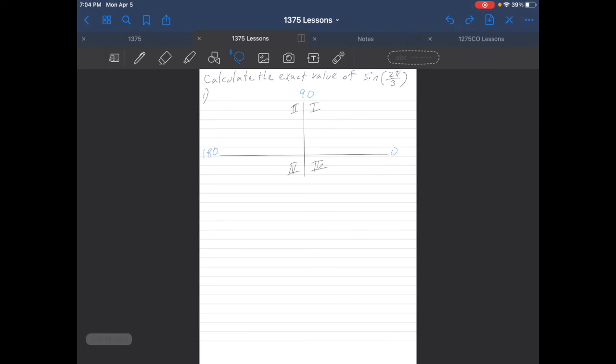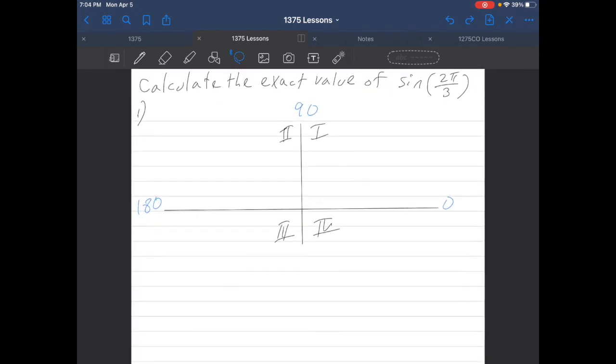So let's use all of these pieces here to find what's called the exact value of the sine of 2 pi over 3 radians. Now the first thing we want to do here is take this 2 pi over 3 radians and convert it into degrees. Why? Because, again, degrees is where most of our knowledge is located.